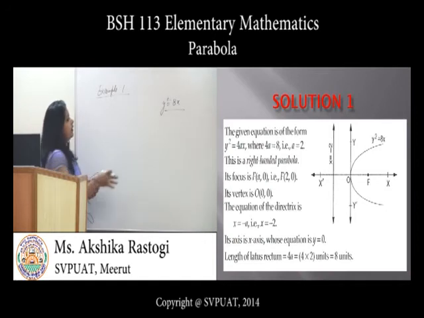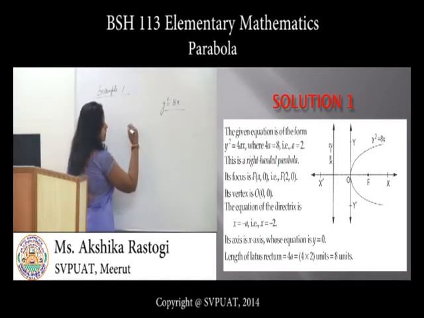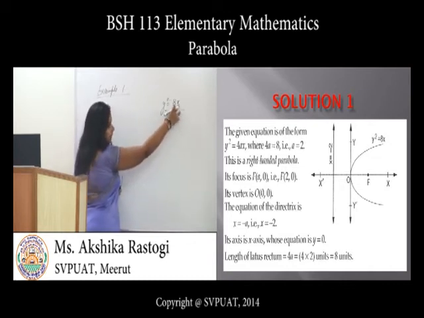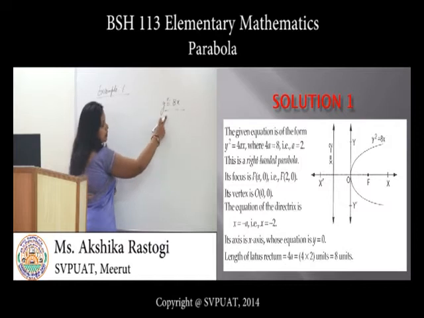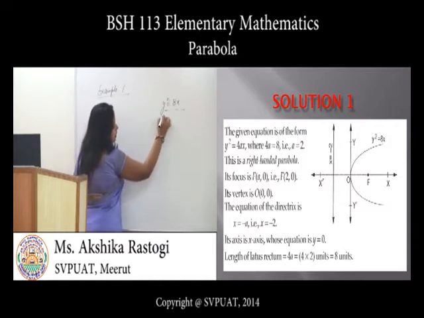So we compare this equation with our standard form. You can see this is the first standard form because the coefficient is of x and this one is positive. So this is our first standard form of the parabola, that is y square equals 4ax.